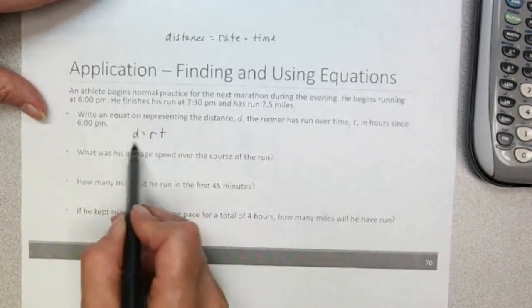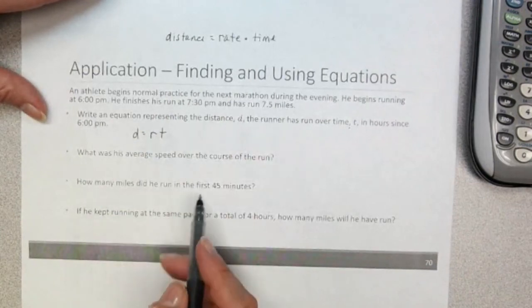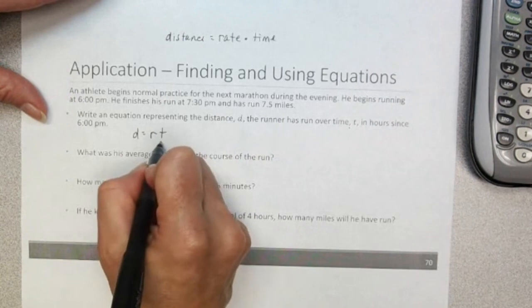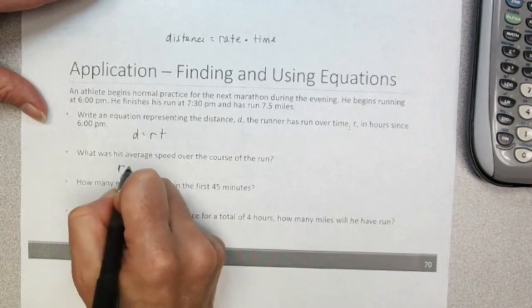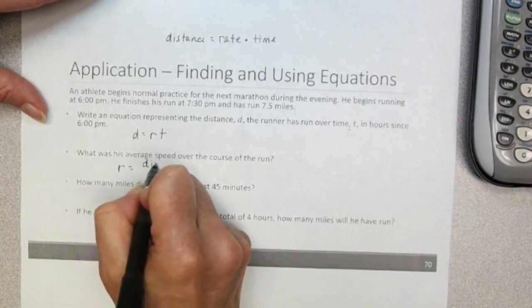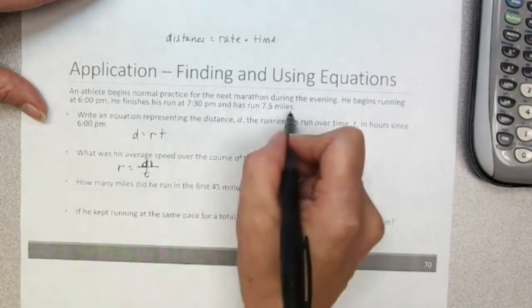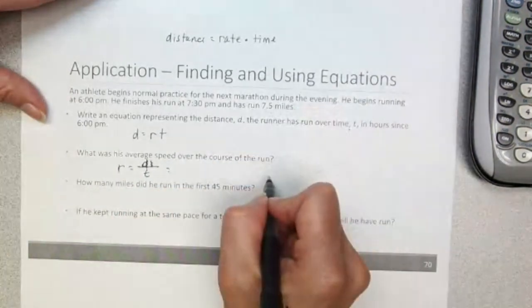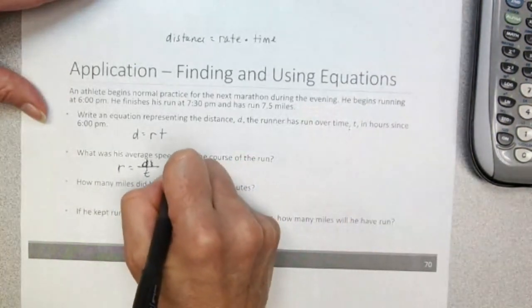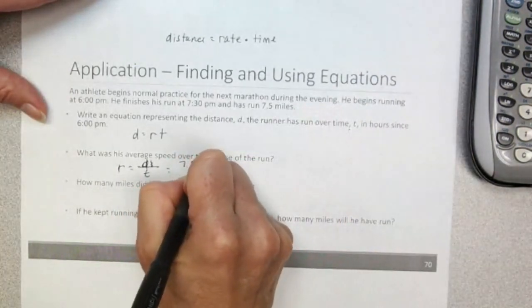We could use this equation even to solve for rate. If I divide both sides by t, I could say that rate equals distance, or d, over time. Well, how far did he run? He ran 7.5 miles. So there's my distance, 7.5 miles.